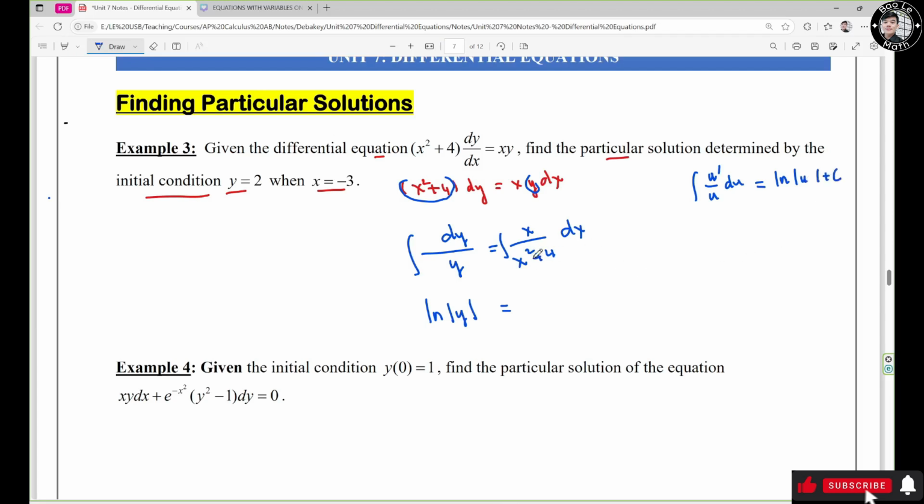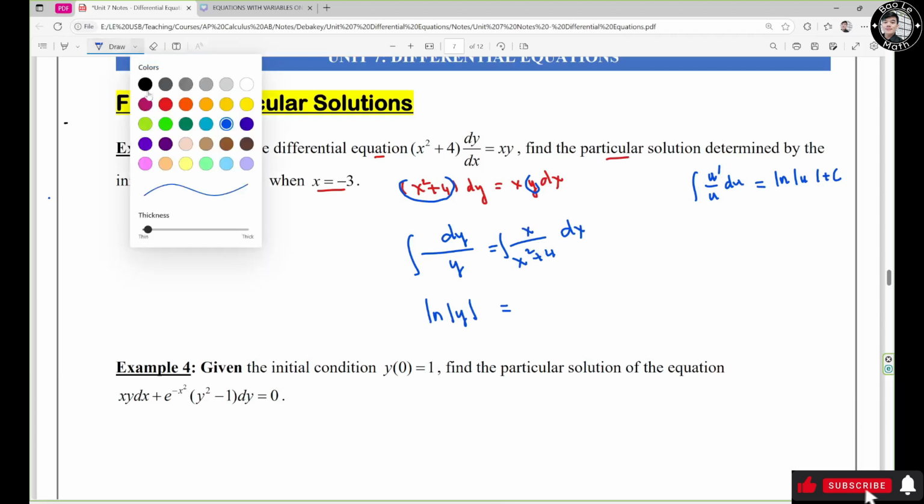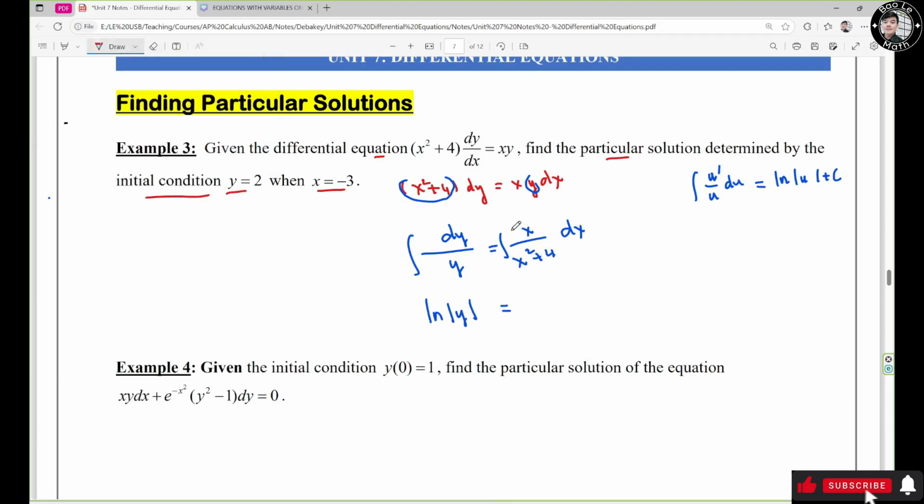Now, if you take the derivative of the bottom, the top should be 2s, right? So, right here, I just multiply the top by 2 and then I need to divide by 2 right here, right? So then I can apply the formula right here, right? So it's going to be 1/2 natural log of absolute value of s squared plus 4 plus c, right?